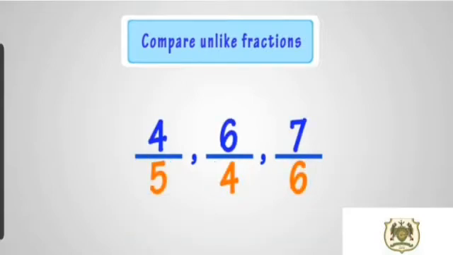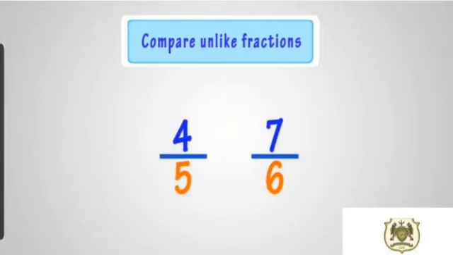No two denominators are the same. So for comparing such fractions, to see which one is bigger and which one is smaller, we need to first make the denominators similar. Once the denominators are similar, that means I have made them like fractions, I'll be able to compare them easily.